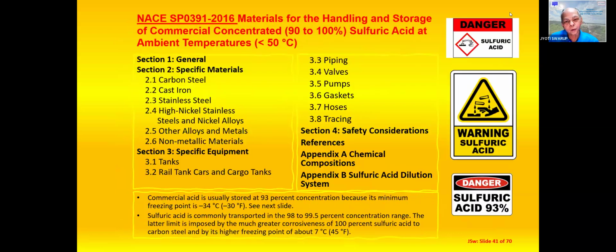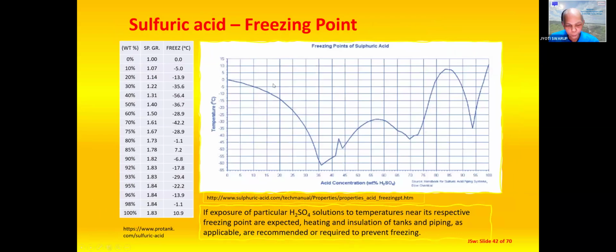Now, freezing point is another interesting criterion of sulfuric acid, which depends on the concentration. If you see the concentration of acid against freezing point at different temperatures and concentrations, it is not a very smooth curve. It's a very funny kind of curve that you see here.